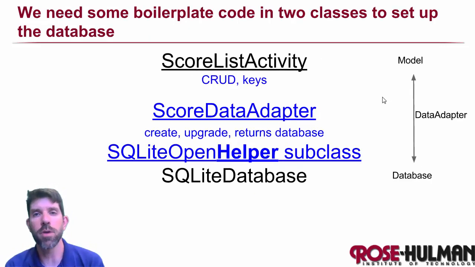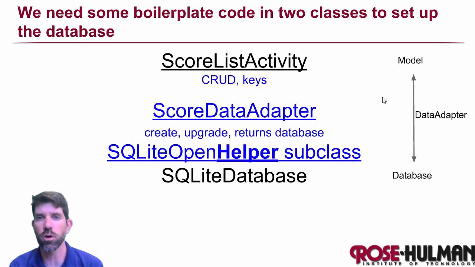So I'll be honest, a lot of the code that we're going to be writing today, I'd consider fairly boilerplate. And we're going to be writing some things in a couple of classes to set up the database, right? So again, this whole sort of interface between the model and the database is going to be done in our data adapter. So today's class, we're going to be working on the ScoreDbHelper class, and that's going to supply the CRUD methods.